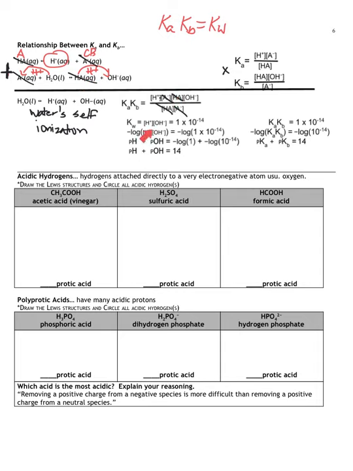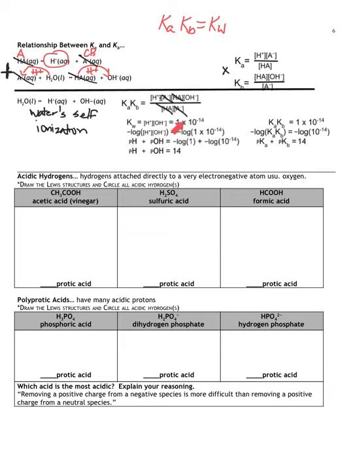So I'm left with exactly what I would expect, which is water's equilibrium expression, products over reactants. But the reactant is a pure liquid, so we won't include that in the Kw expression. And we call this Kw.